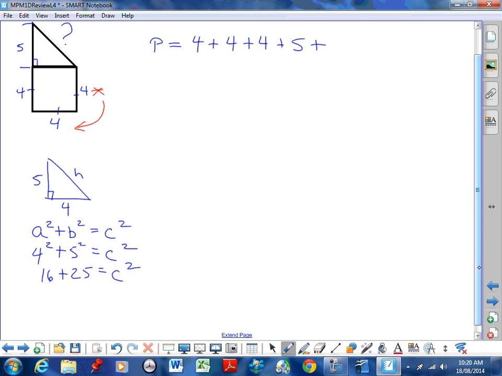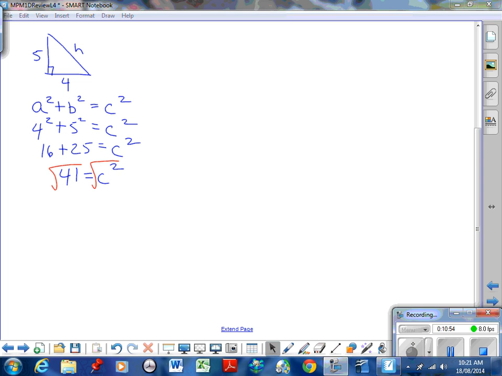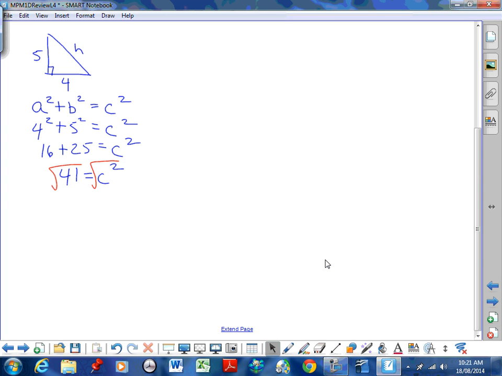Notice the steps. Every step, substitution's done properly. What's that give me? 41 equals c squared. Opposite or inverse operation, I want c by itself, so I have to take the square root of 41. And I know it's going to be 6.5-ish. I'm just going to double check. It wasn't too far off. 6.4 is equal to c.